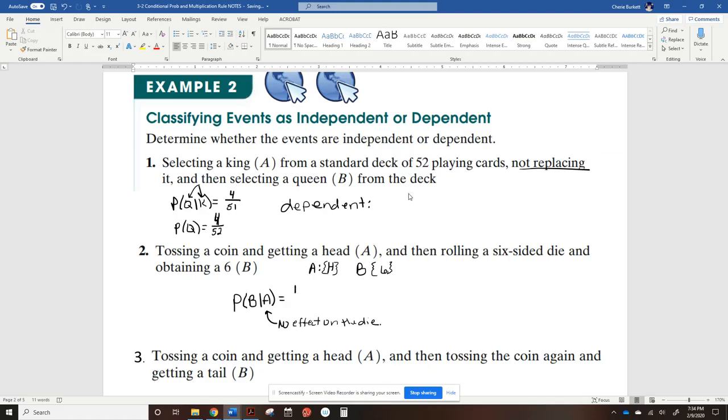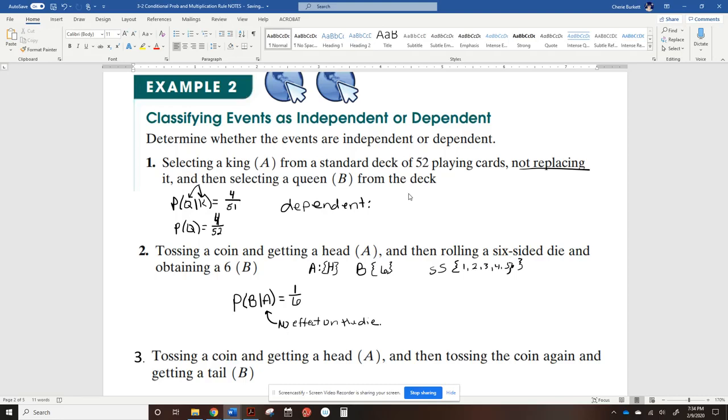So that's one outcome out of a total. For rolling a die, remember the sample space would be 1, 2, 3, 4, 5, 6. So there's 6 outcomes in the sample space, and event B is only interested in us getting a 6. So one outcome out of a possibility of 6.